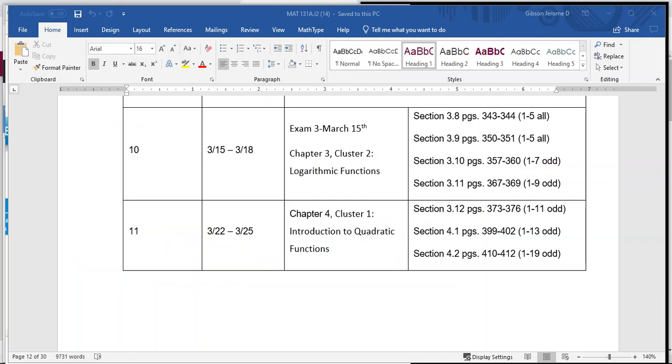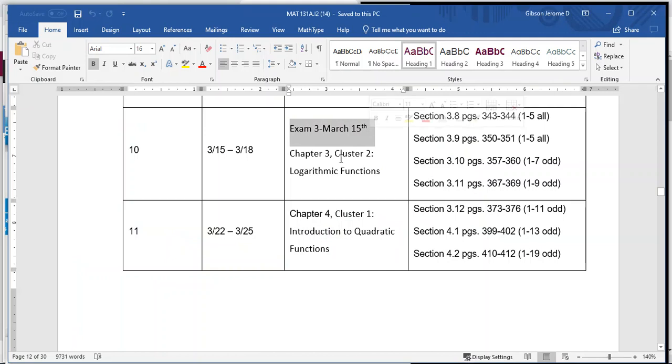But there's one other thing I would like to address, and this was brought to my attention today about exam 3. As you all see, exam 3 is listed here during the week of March 15th through March 18th. Now, exam 3 will open tomorrow. But as you can see here, we're not going to cover section 3.12 until next Monday.